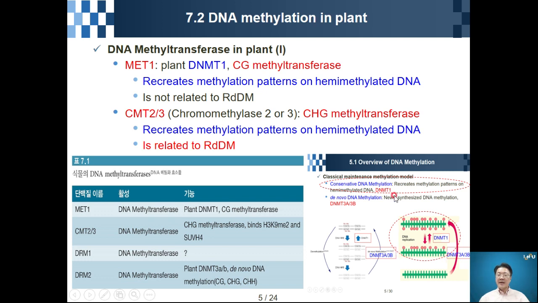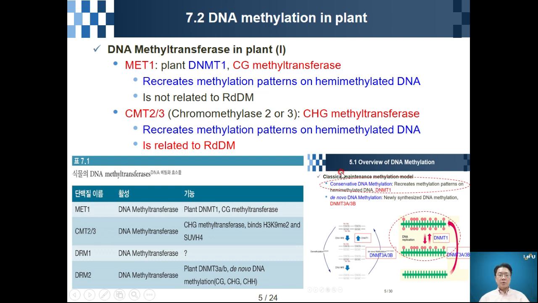At that time, DNMT1 was involved in the conservative DNA methylation model. Here in plants, MET1 and CMT2 or CMT3 are involved in the conservative DNA methylation model.